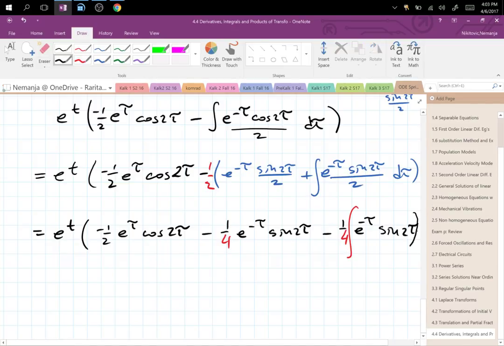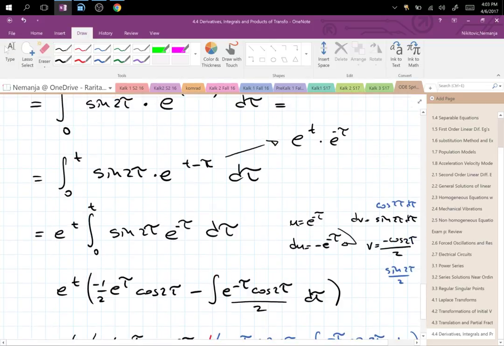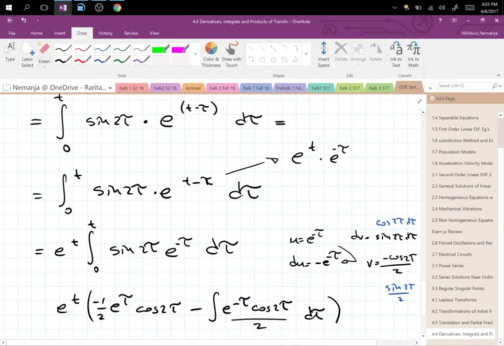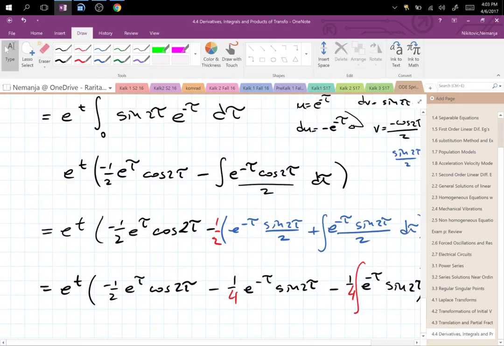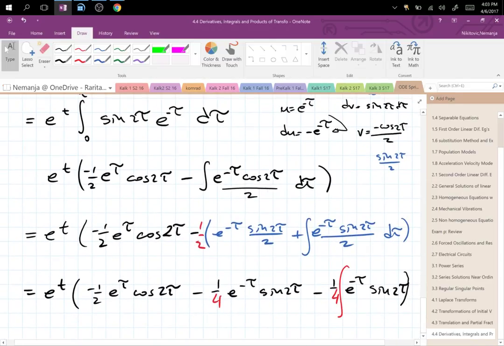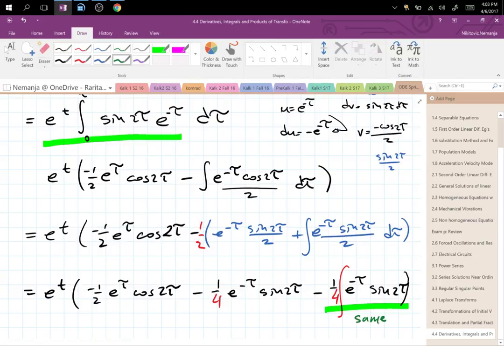Okay. So now that integral is the same as the integral we started from. This integral and this integral are the same. So I'm going to take this 1/4 and move it to the other side.